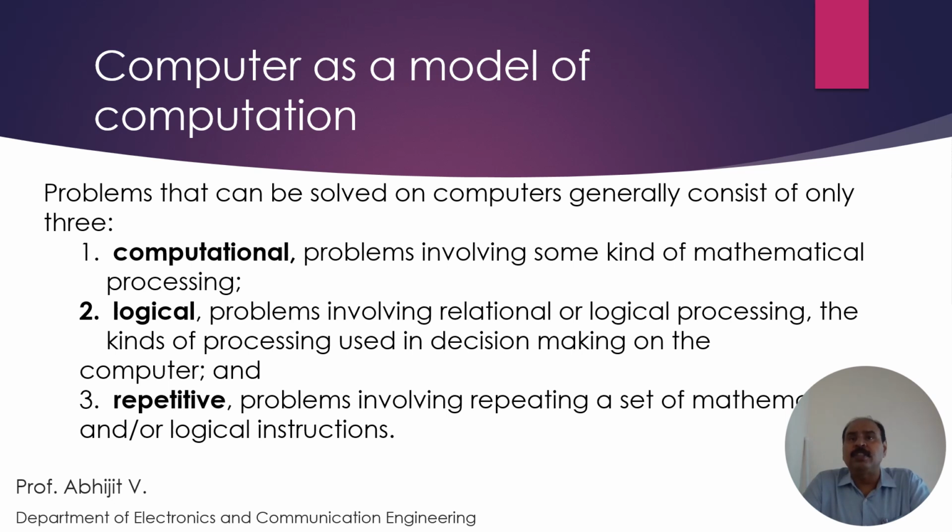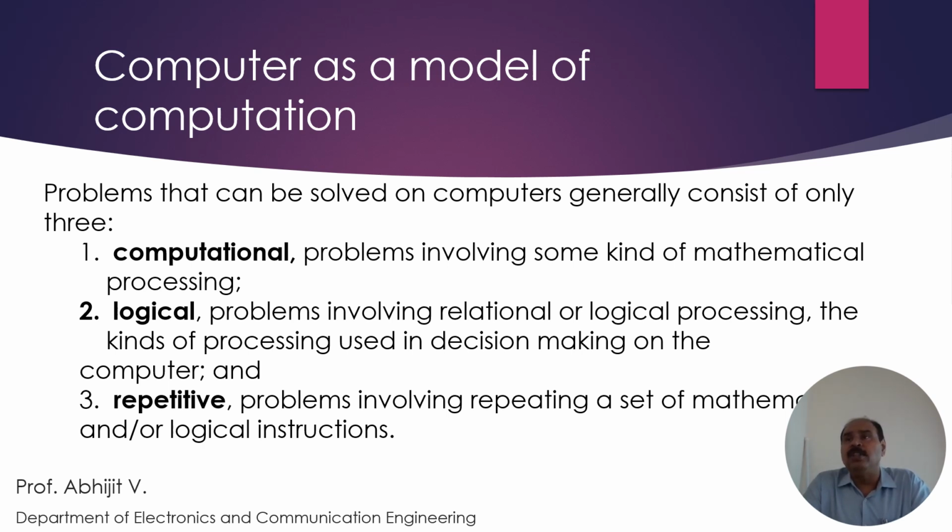If the same process has to be repeated n number of times, you may need to use computers because it is not feasible, or not as efficient, or not accurate to determine all these processes or all these steps manually.